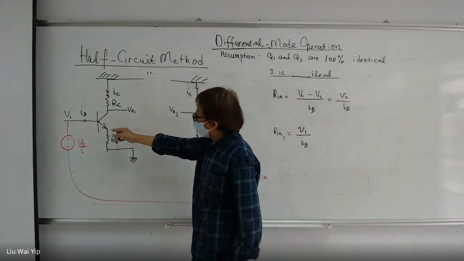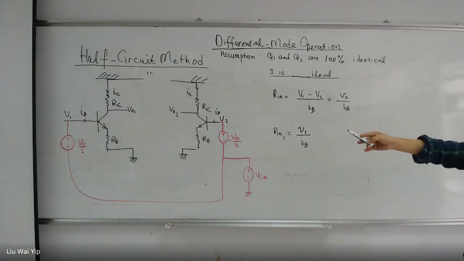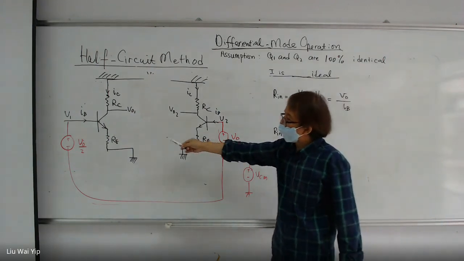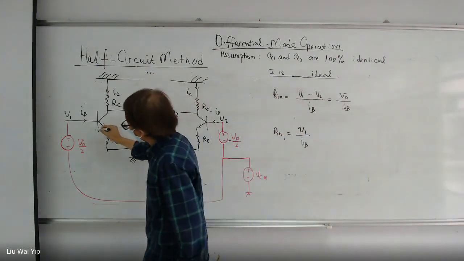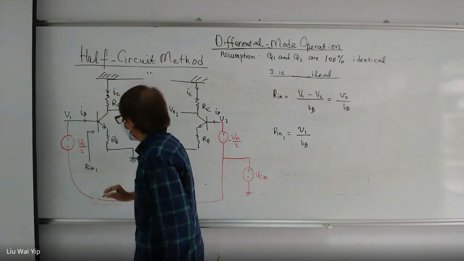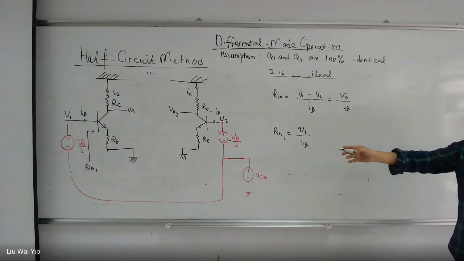And what is the input impedance? Can you tell me straight away? I want to know the input resistance. Rin1 is V1 over IB. I know, but I want to have a solution.